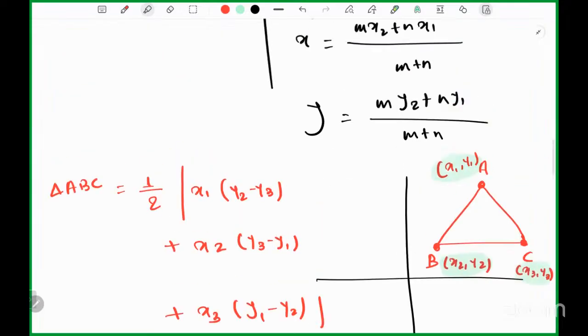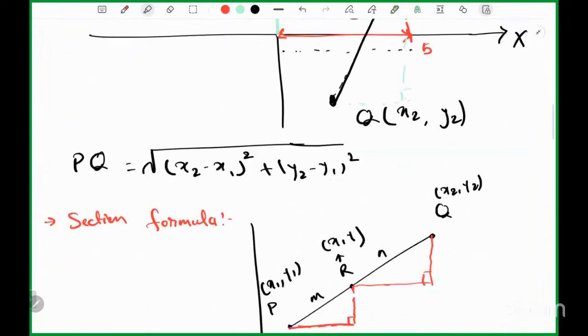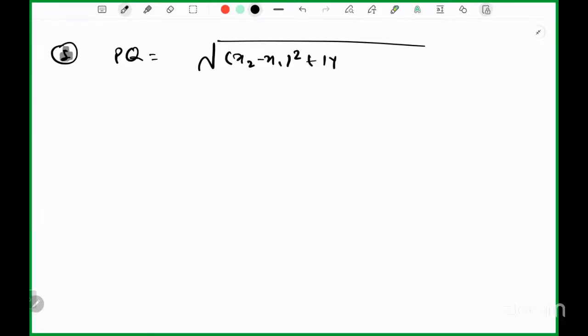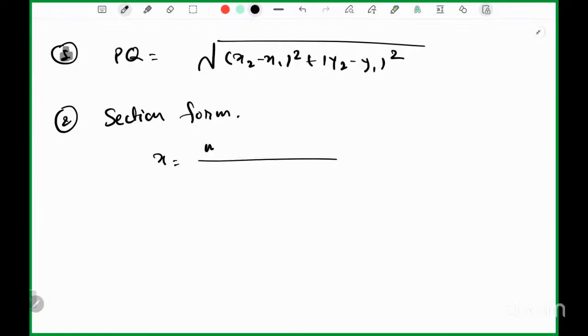So these are the initial three formulas we recalled from week 2. The first one is the distance between any two points, the distance PQ, which is the root of x2 minus x1 the whole square, plus y2 minus y1 the whole square. The second one is the section formula: x is equal to mx2 plus nx1 upon m plus n, and y is equal to my2 plus ny1 upon m plus n.